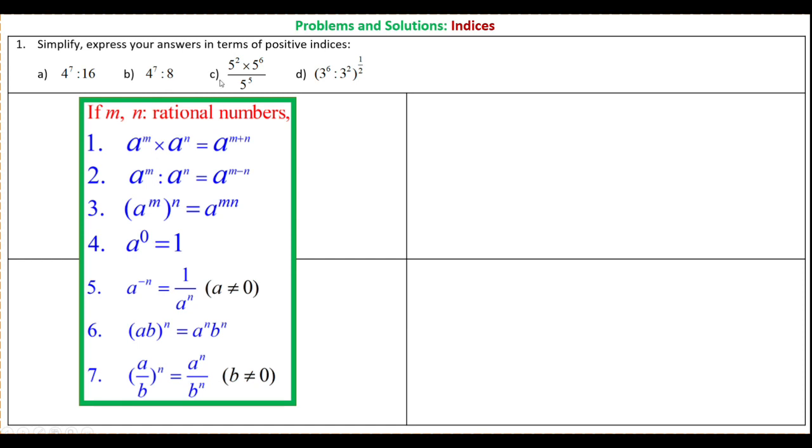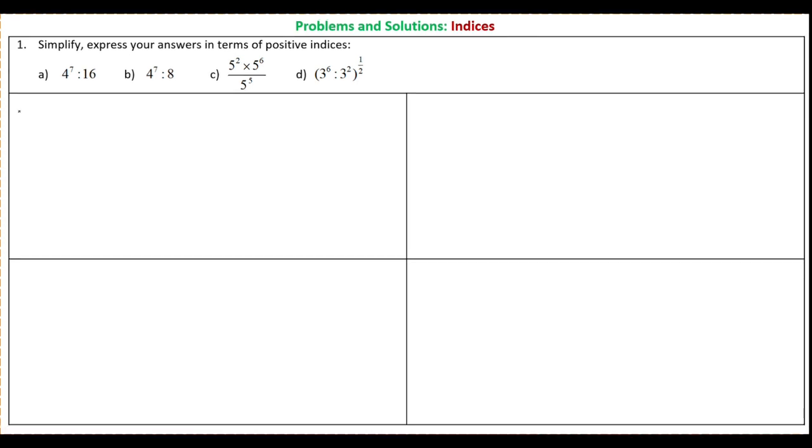Question 1c involves multiplication and division, so we are going to use the first law because of the multiplication in the numerator, and then this number is divided by 5 to the 5, so we combine laws 1 and 2 together. Question 1d involves division, so we use the second law, and it involves a power, so we are going to use laws number 2 and 3. So let's get started.